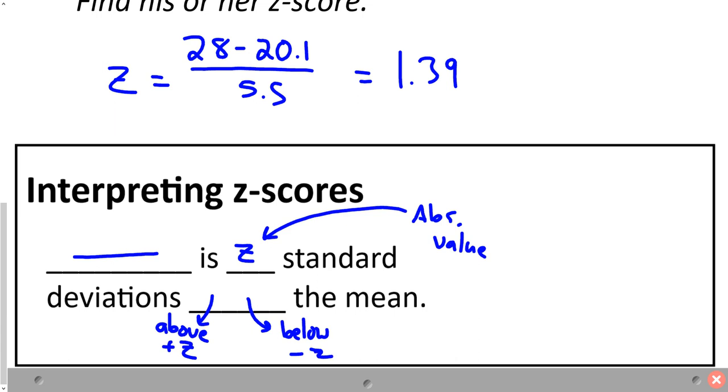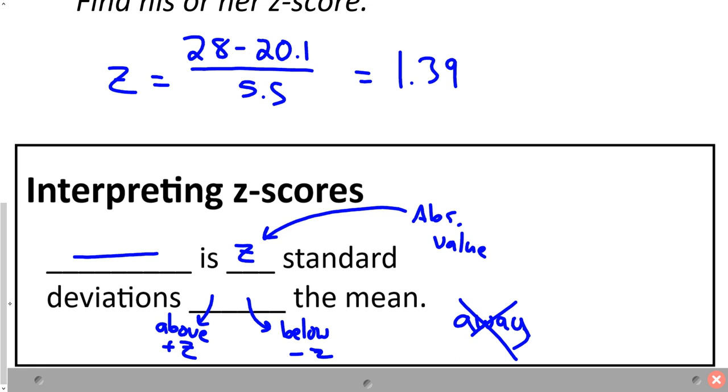The only thing I want to really stress is you should not use the word away. Do not say standard deviations away. We know enough information that it's going to be above or below, meaning the mean is a certain number. In this case, it was 20.1. His score would be 1.39 standard deviations above the mean.